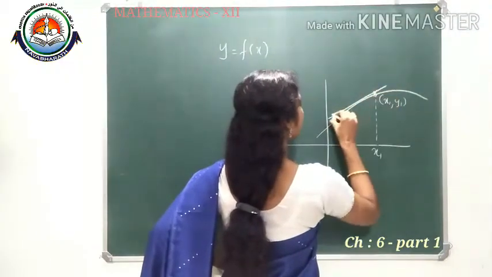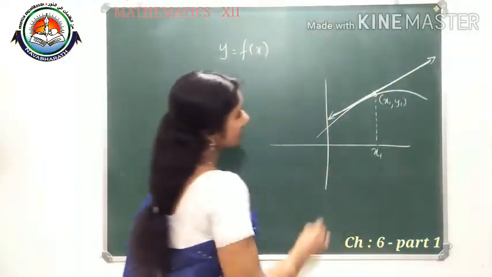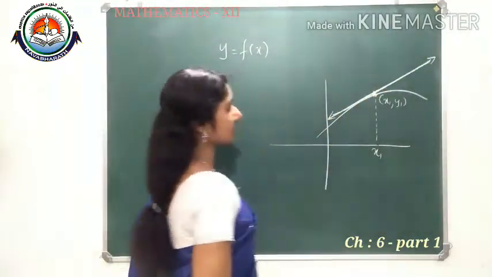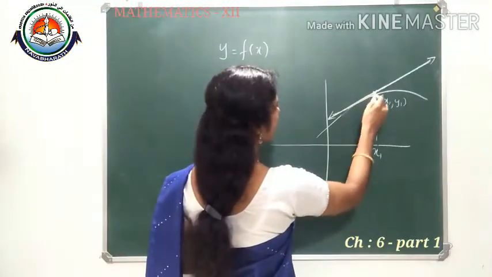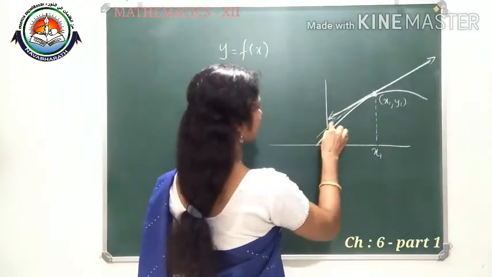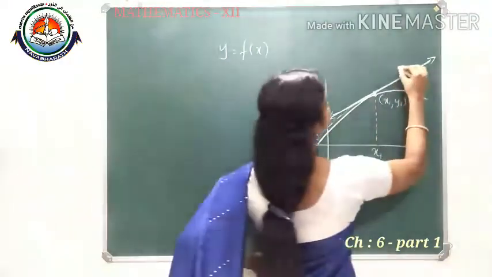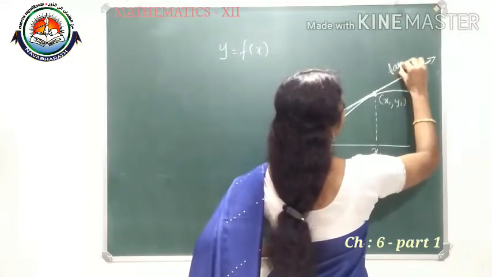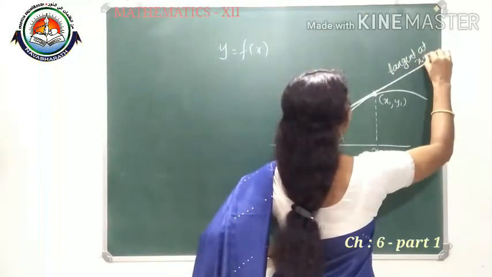At this point the tangent is drawn. This is the tangent of this function at x1, y1.